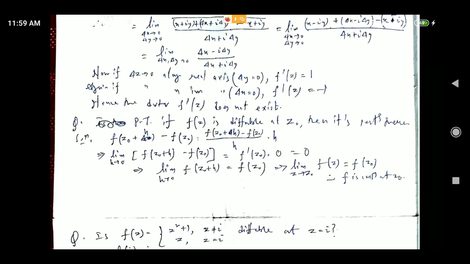Anjali. Yes, sir. If a function is not continuous at a point, can it be differentiable at that point? No, sir. It cannot be, because this result tells you.